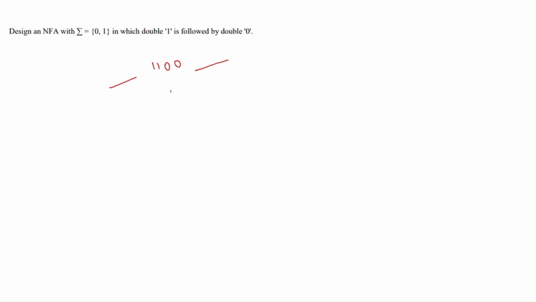So the language we can write is double 1, double 0 as the one thing, and also we can have 1, 1, 1, 0, 0 and another 0, or 1, 1, 0, 0, 1, 1 and so on. Let us check how many states we need for this.